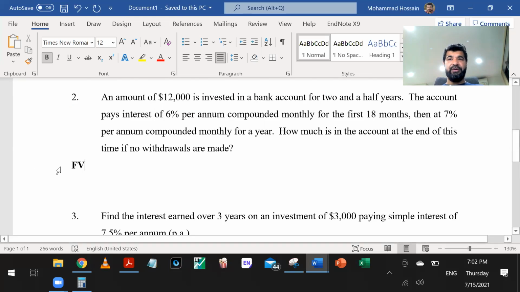Okay. So two future values we have here. One is 6%, another one is 7%.